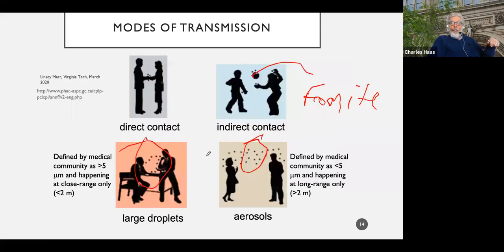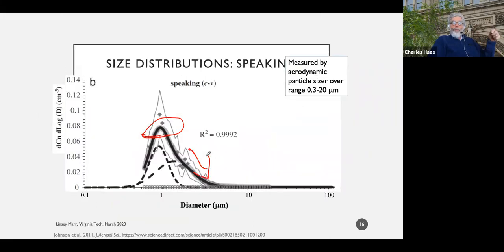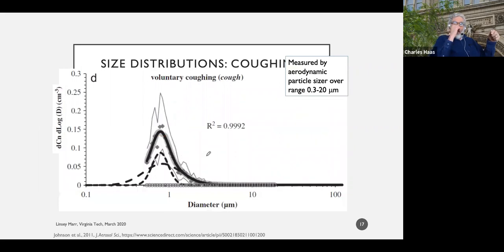And this is a question that we'll be coming back to, I'm sure, multiple times in this class. Coughing, again, 1 micron, slightly less as a peak, but a pretty broad distribution of aerosols being emitted.